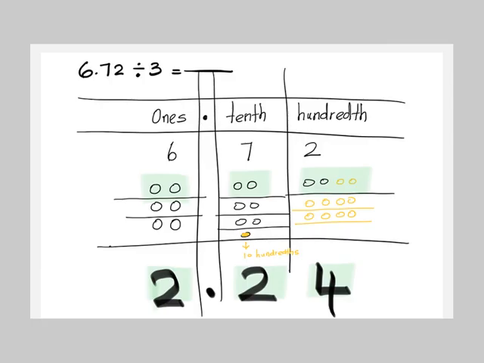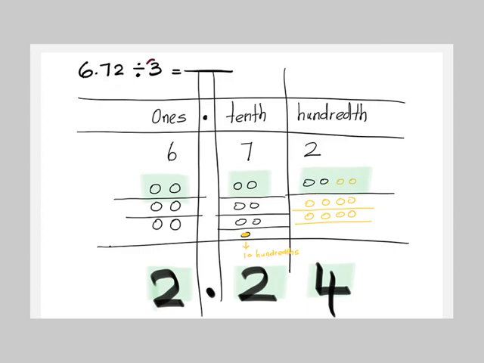Take a look at this. This is the place value chart for division. I have shown 6.72 in a place value chart. This 6 I have shown as 6 circles, this 7 I have shown as 7 circles, and for this 2 I have shown 2 circles.